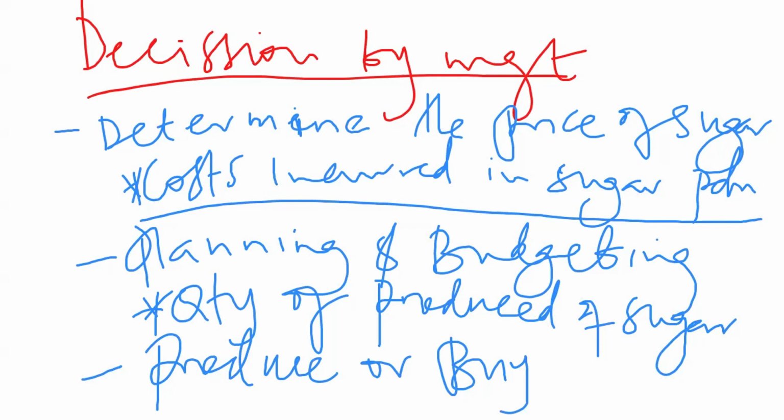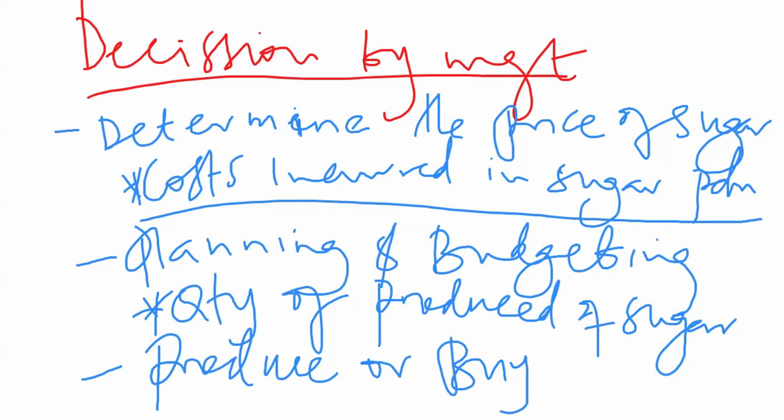Then it will be upon management to decide whether it would be profitable for them to produce, or it would be a wastage of time, because they look at the costing and say that according to the costs we are going to incur, we would rather buy finished products so that we can save time, especially when these finished products are going to be inputs in a given production process.